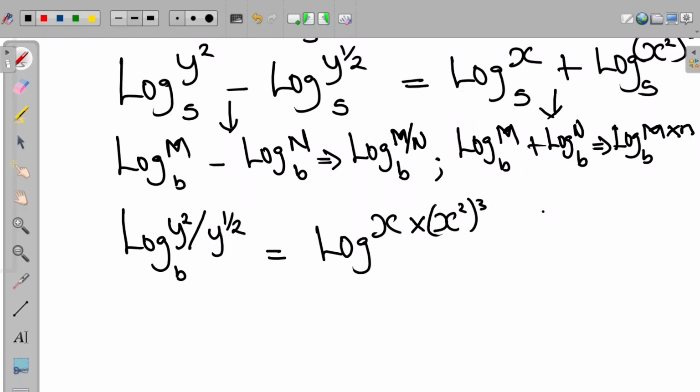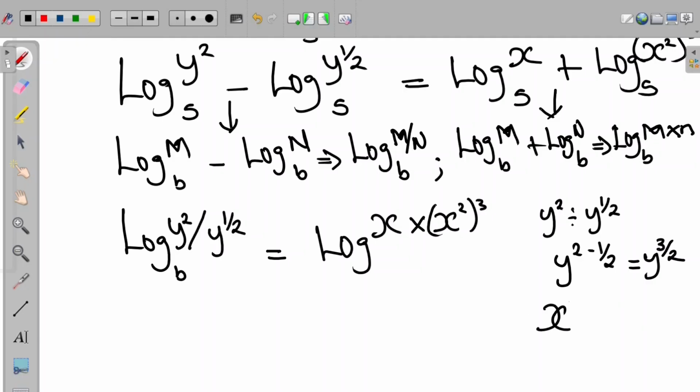Now, if I have y raised to the power of 2 divided by y raised to the power of 1 divided by 2, from our laws of indices, this can be expressed as y raised to the power of 2 minus 1 divided by 2. So this is equal to y raised to the power of 3 divided by 2. Also, x squared all raised to the power of 3 can be expressed as 2 times 3 being 6. So x is raised to the power of 6.